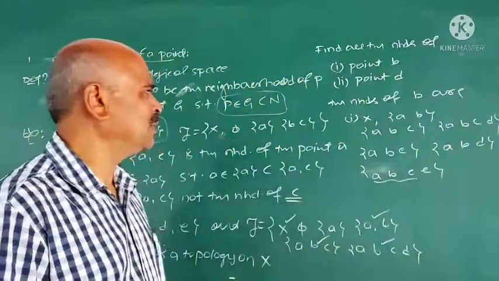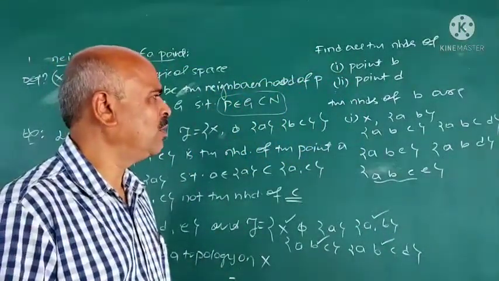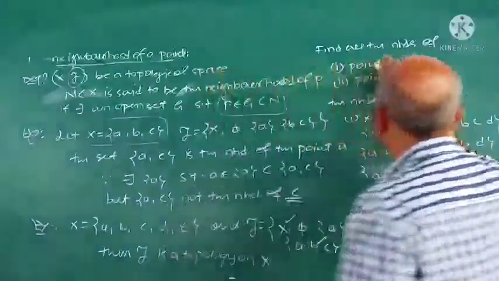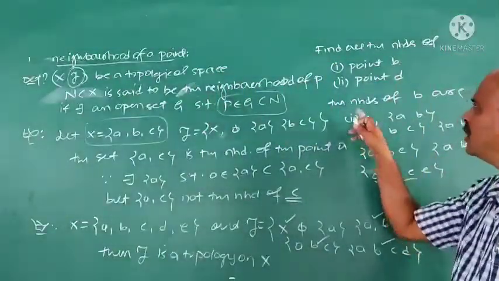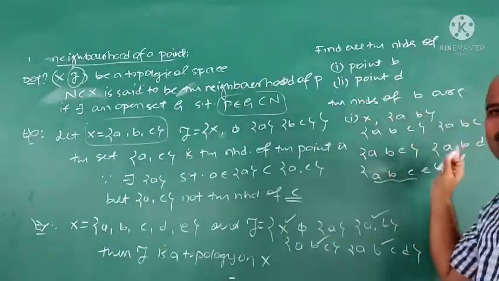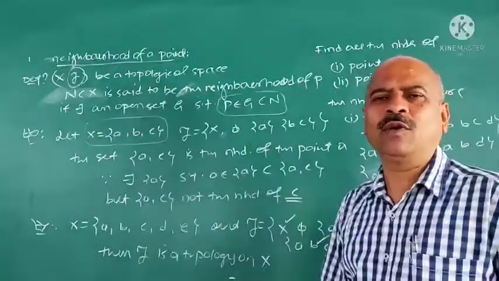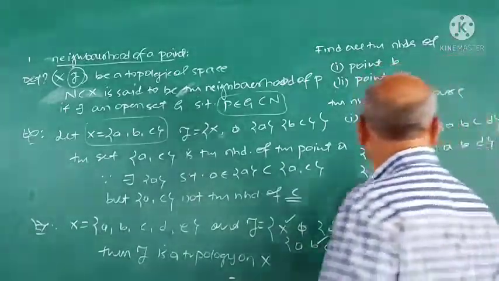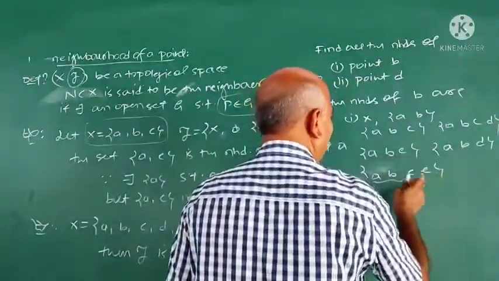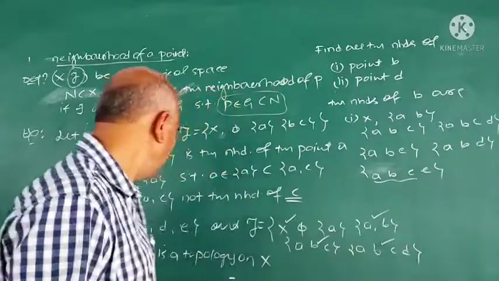Any more subsets of X you can find out as neighborhoods of the point B, because the question is to find all the neighborhoods of the point B. First I have taken open sets containing B. All the open sets containing B are neighborhoods of the point B. Next I have taken ABE, ABD and ABCE.